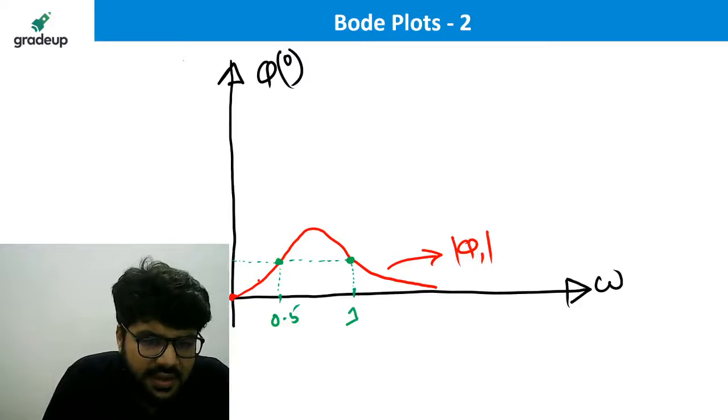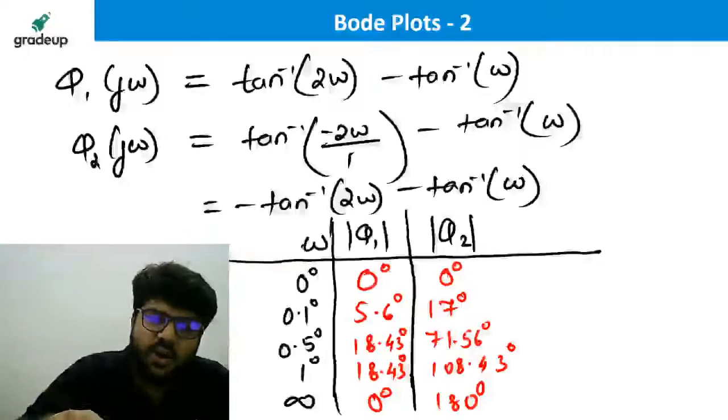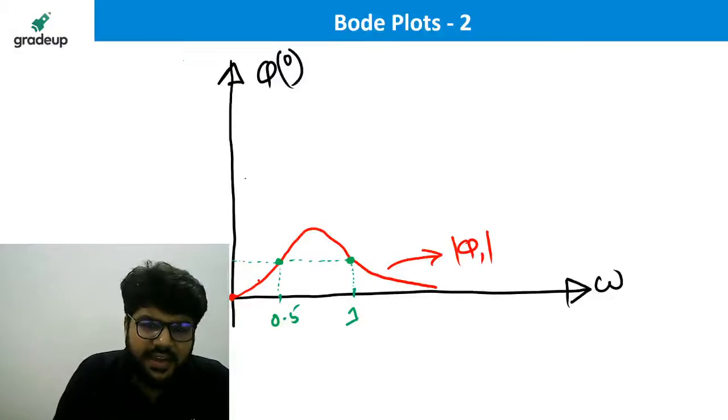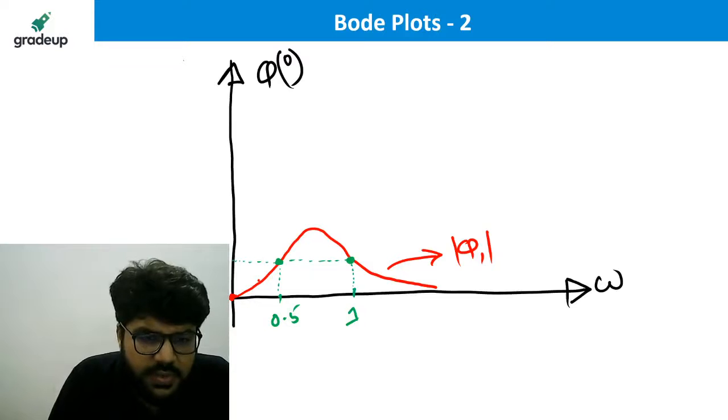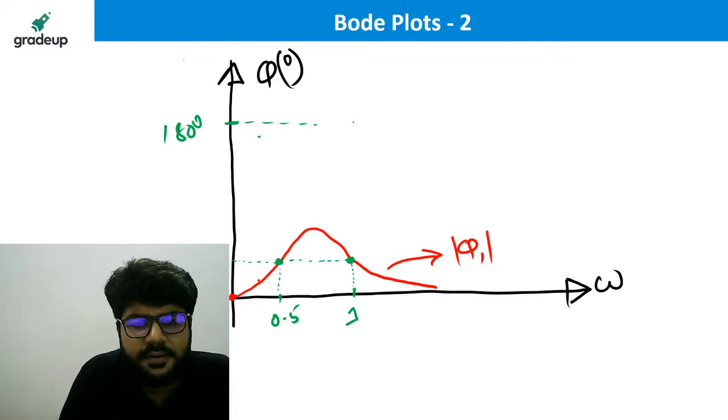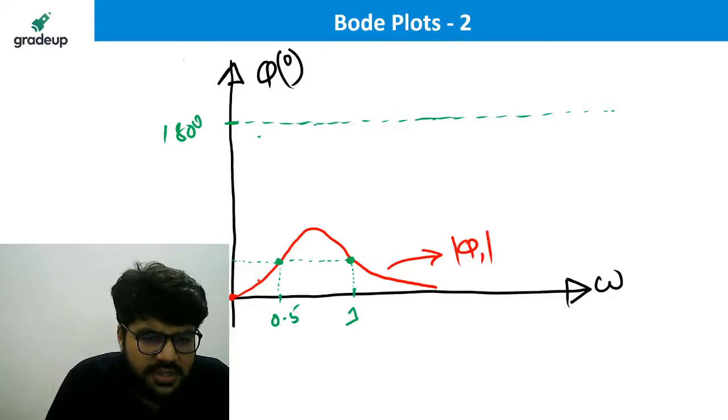And then the second one, where the phase values are always greater than the first one. It is going to go towards 180 degree finally, at the end of the day. And so what is the approximate phase plot?